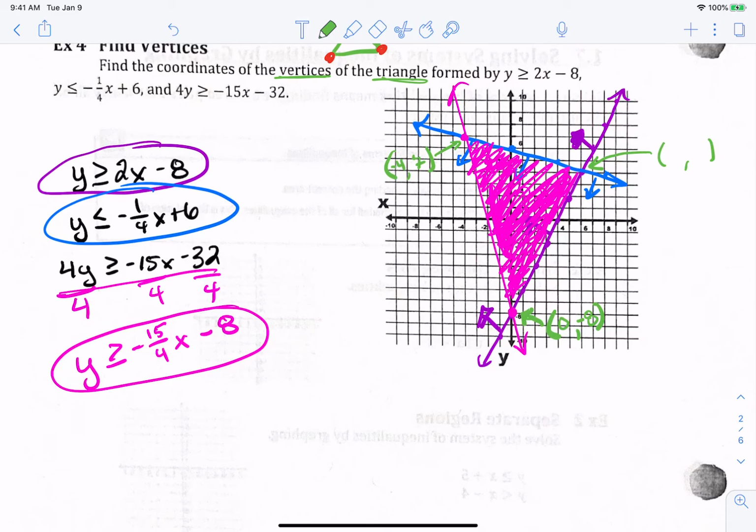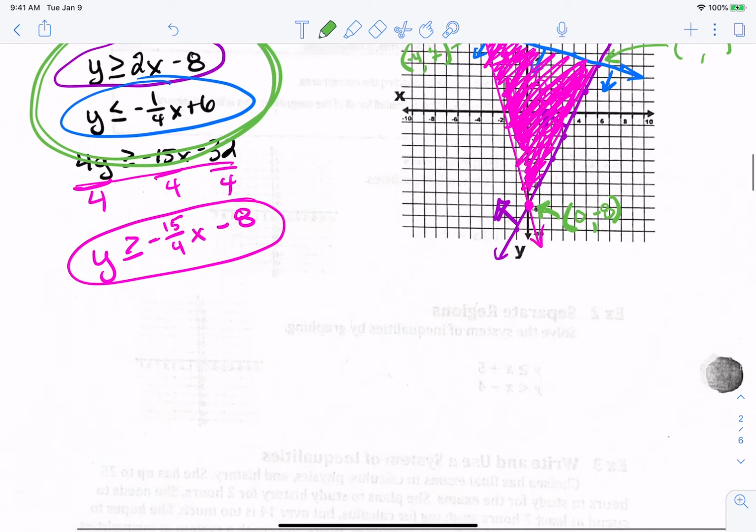On that last vertex, we're trying to find where those two lines cross each other, yeah? Which is the purple and the blue line if you're color-coded like I am, which is those first two equations, right? So we just learned how to find where lines are crossing. We do substitution or elimination. I'm going to get rid of the inequality symbols.